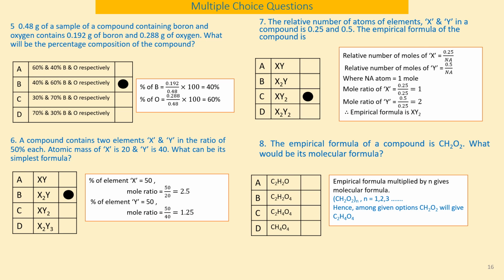Therefore, the given compound is (CH2O2)n, where n is equal to 1, 2, 3. Hence, among the given options, n = 2 will give C2H4O4. So, please mark the answer as C2H4O4. Next question.